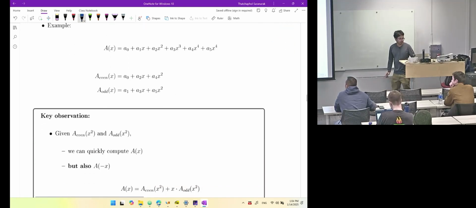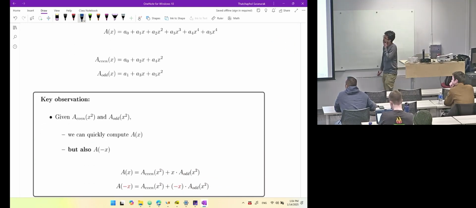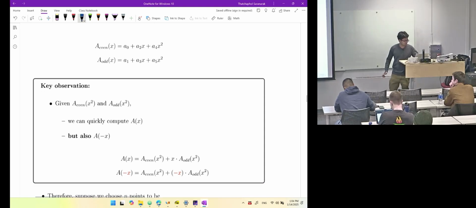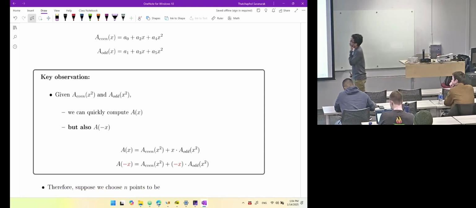And the observation is this. Here is a key observation. Suppose that I have evaluated A even at x squared and A odd at x squared. Then I can quickly compute A(x). How? It's just A even(x squared) plus x times A odd(x squared).